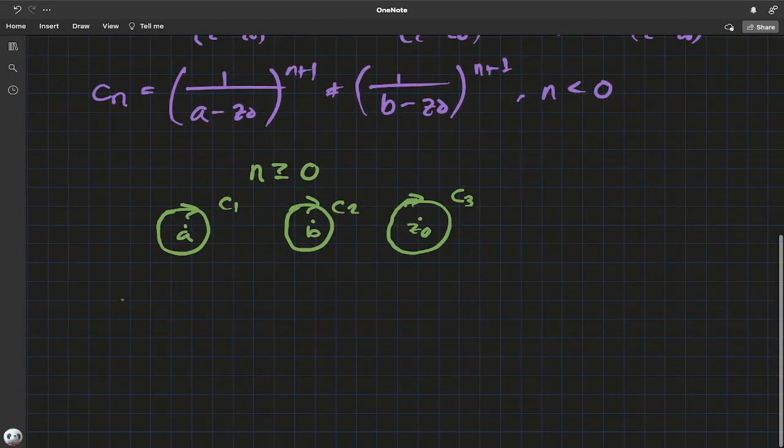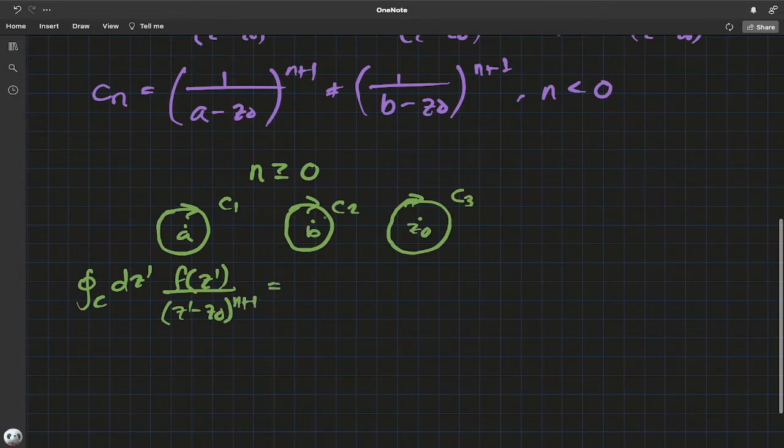At least that's the way I did it when this was first taught to me, because now we can write this contour equation about C as a sum about these 3 contours.